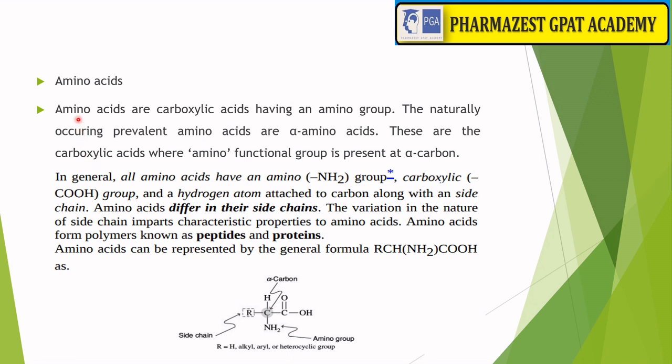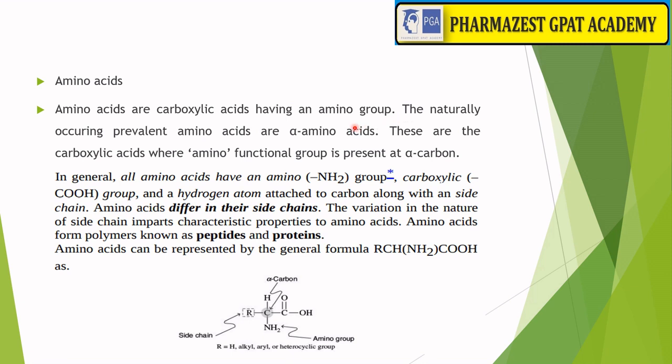What are amino acids? Amino acids are carboxylic acids having an amine group. As the name itself indicates, amino acids consist of an amine group and an acid group. That is, amino acids are carboxylic acids having an amino group.